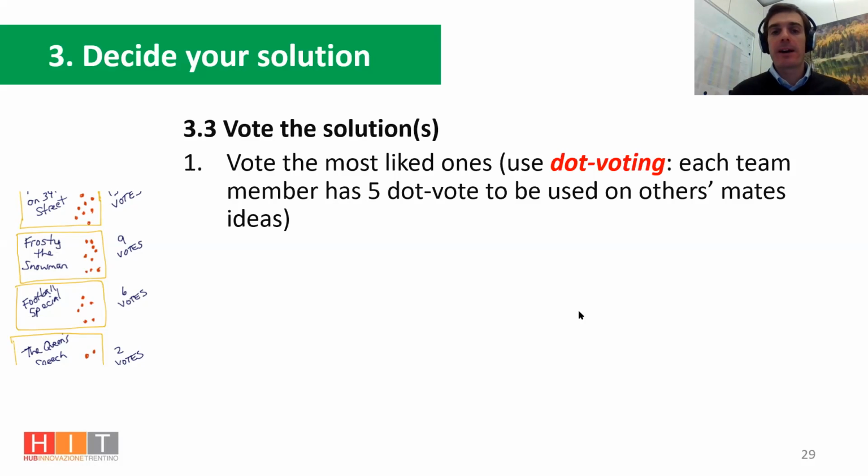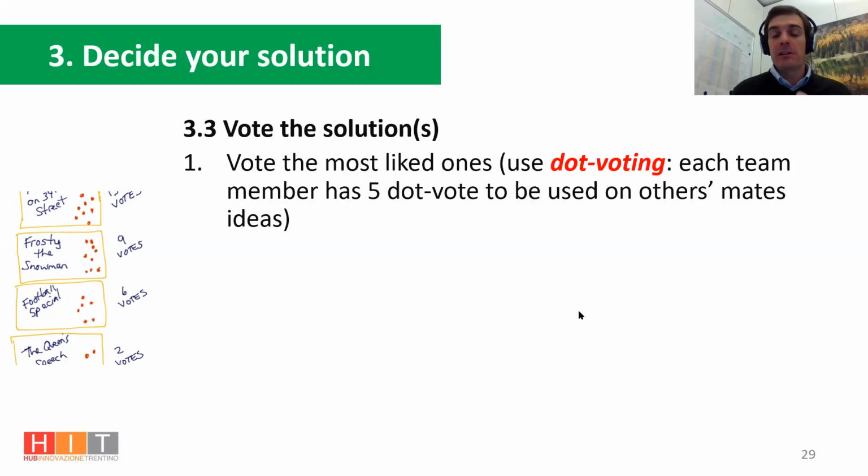For instance, your team has, I don't know, again, 10 ideas altogether. You, as an individual, have 5 dots available to vote for the ones that you like the most. So you might decide to use 2 dots on one idea, then use another 2 dots on another idea that you like, and use your final dot on a third idea that you somewhat like.